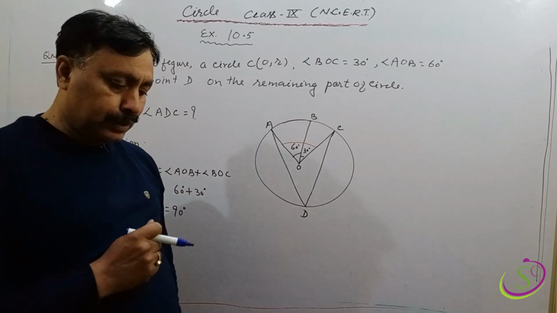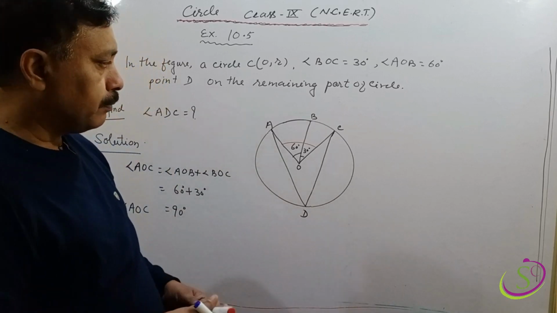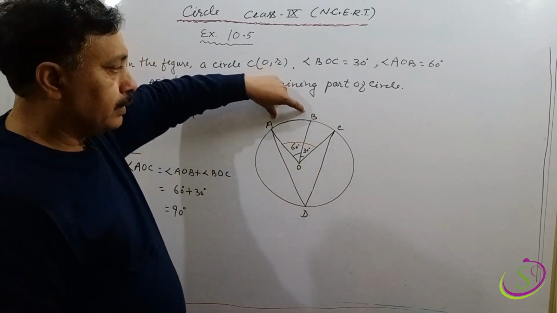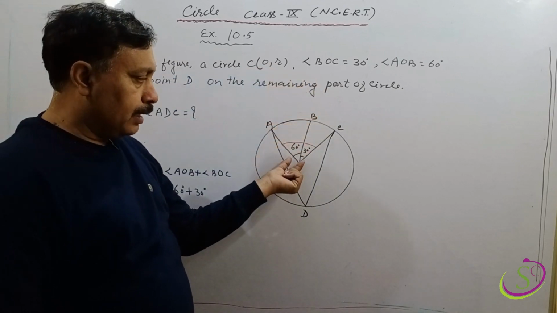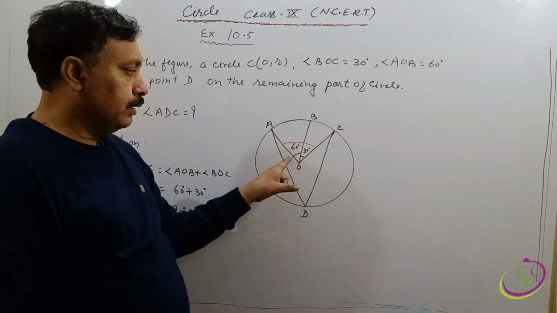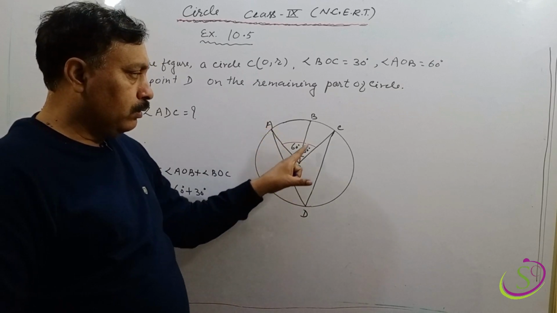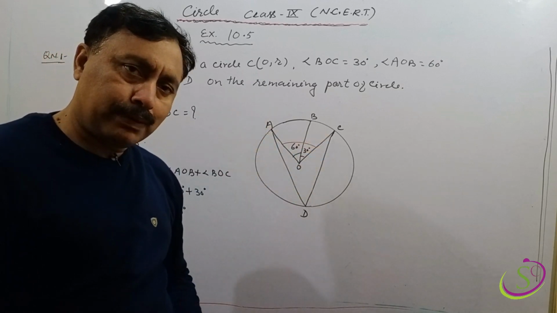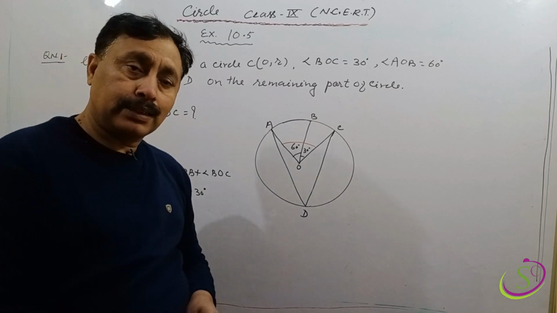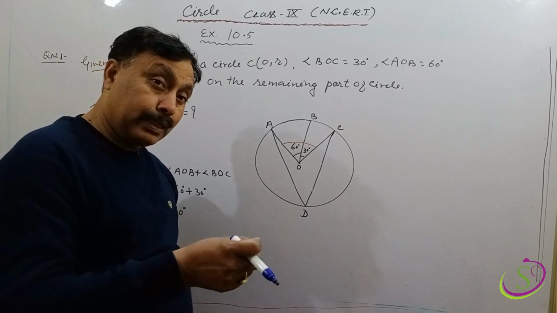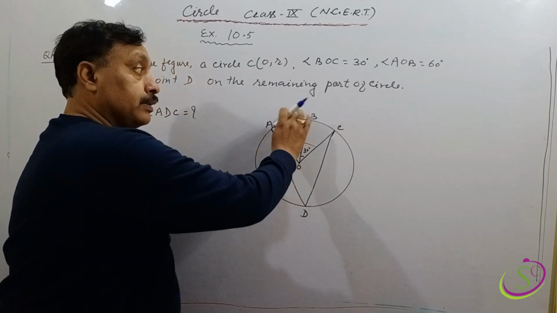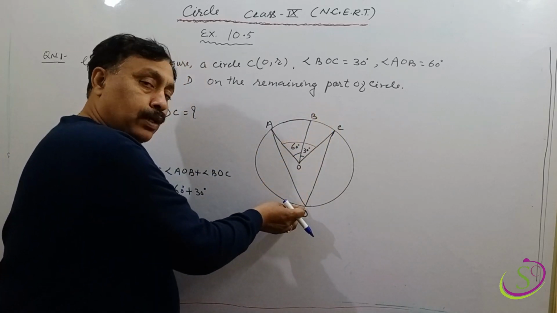But we know the statement: angle subtended by an arc, AC is an arc, angle subtended by an arc at the center, means at the center the angle is AOC. Angle subtended by the arc at the center is double that of angle subtended by the same arc at the remaining part of the circle.